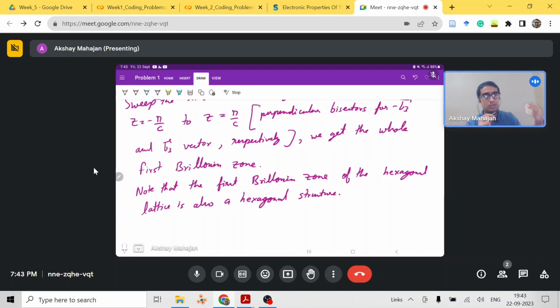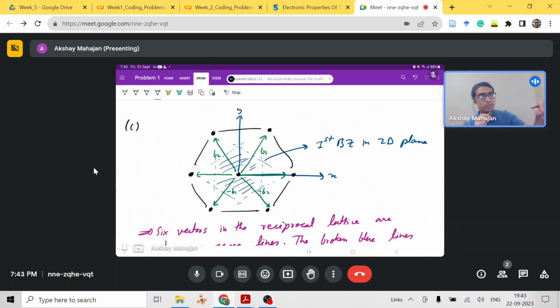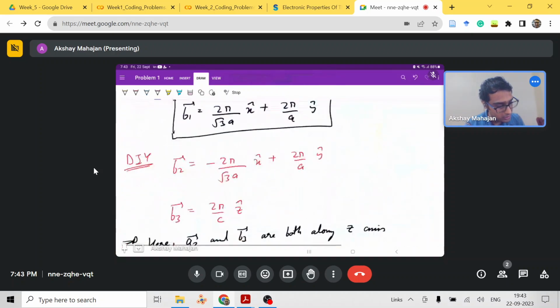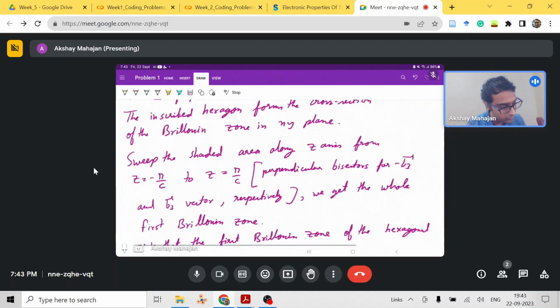Because it's a hexagon, you just sweep it from minus pi by c to pi by c. So this is how we have explained the first Brillouin zone.